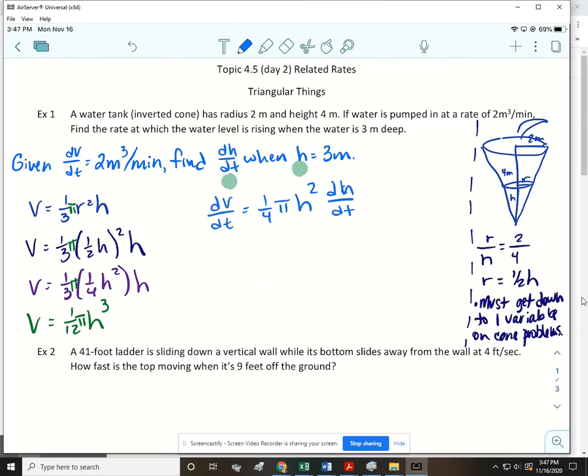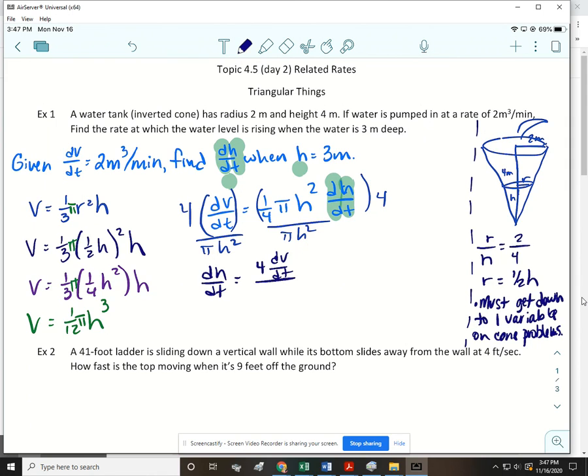Okay. Now, what we are looking for is dh/dt. So I'll take this equation and solve it for dh/dt by multiplying by 4 and then dividing by pi h squared. So dh/dt is equal to 4 dV/dt over pi h squared.